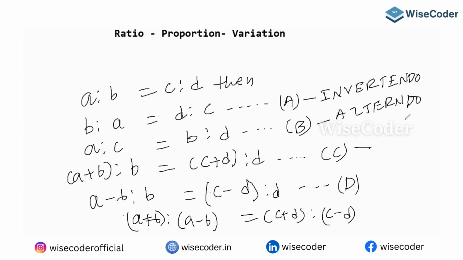Relationship C is called componendo. D is called dividendo. And the last one is componendo and dividendo.